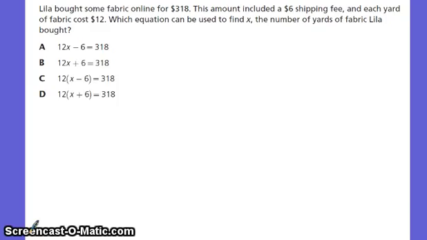Number 20. Lila bought some fabric online for $318. This amount included a $6 shipping fee, and each yard of fabric cost $12. So I hope you're seeing here this word each cost $12. So for each yard.